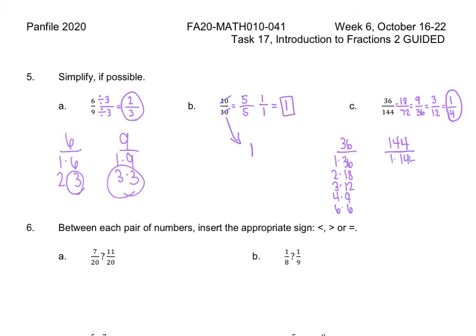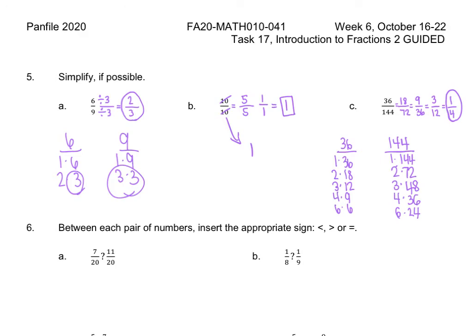I say 1 times 144, 2 times 72, 3 times 48, 4 times 36, 5, 6, 24, 7, 8.